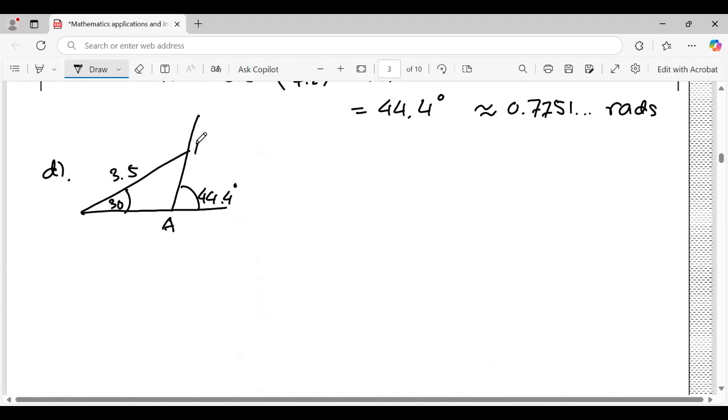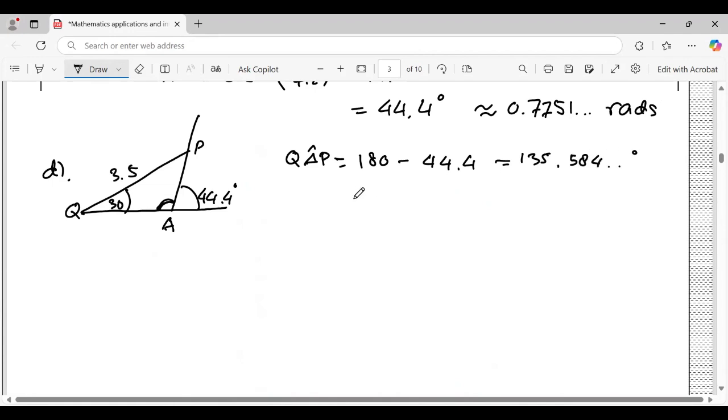It's A, P, Q. So angle QAP equals 180 minus 44.4, and it is 135.584 degrees.